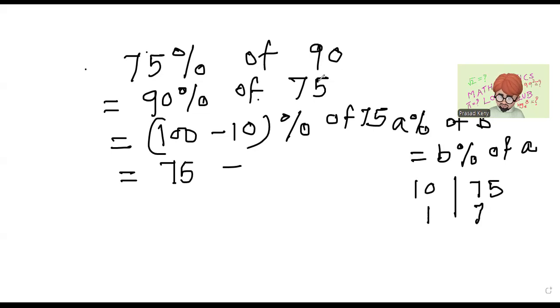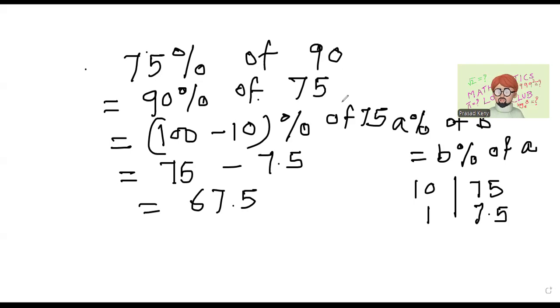So this becomes 7.5. Now subtract 75 minus 7.5, and that is 67.5, and hence 75% of 90 is 67.5.